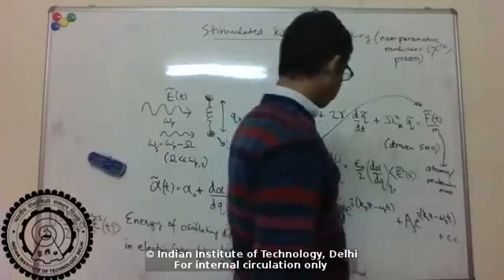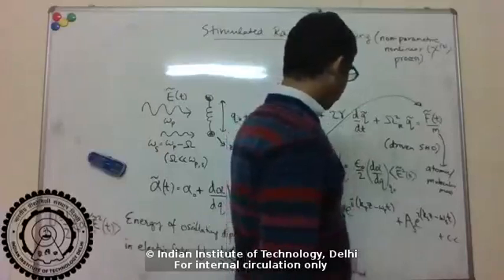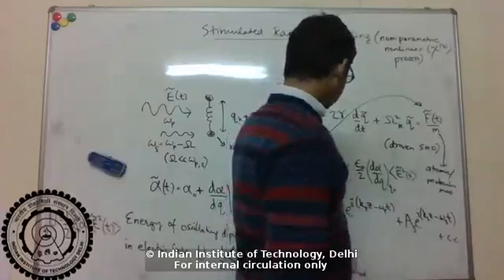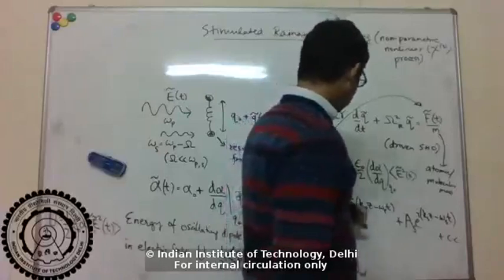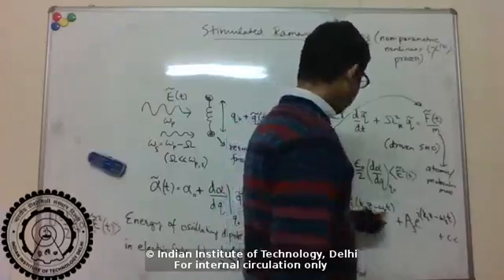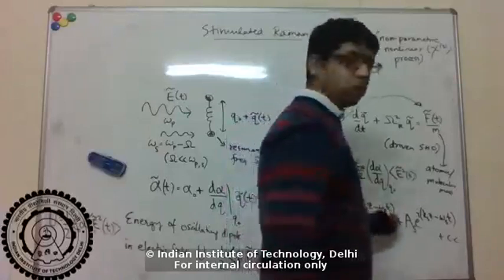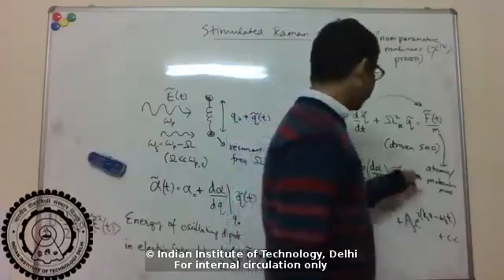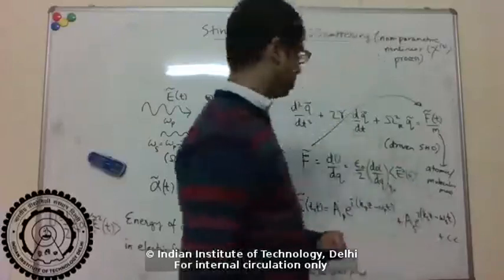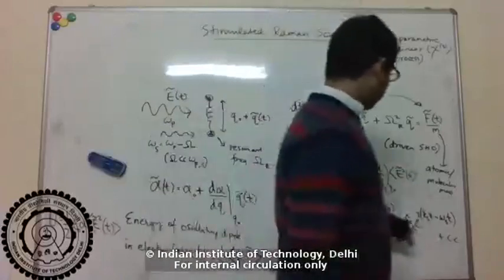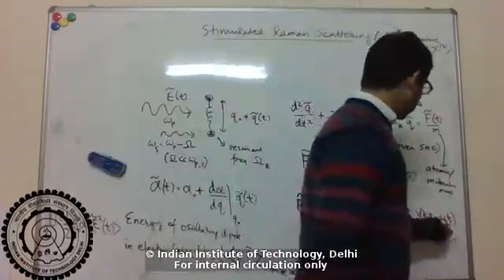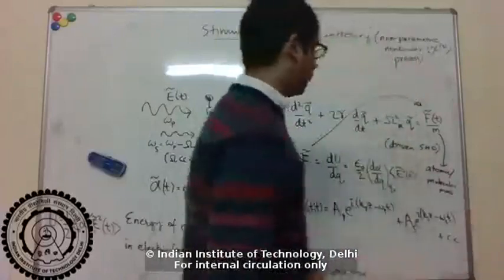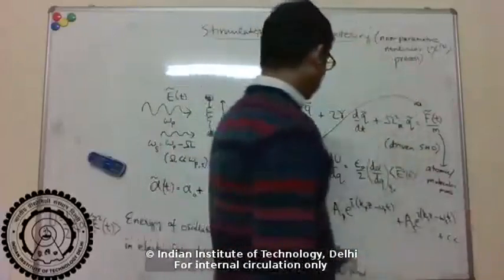We'll have AP square, but that will have a time dependence e to the i 2 omega p t, right? So when we average over time, that will become 0. Similarly, AS square will go as e to the i 2 omega s t, and average to 0.